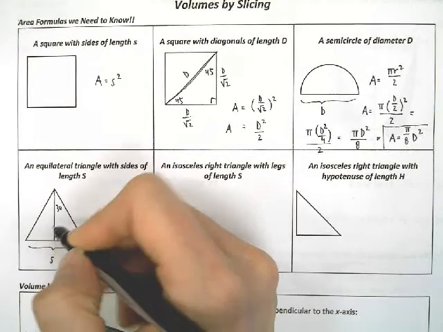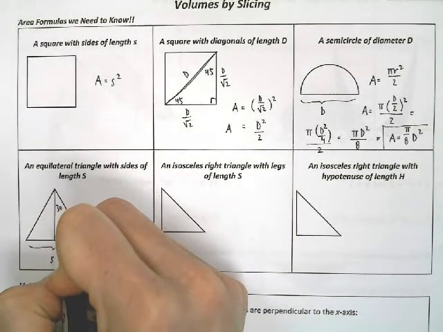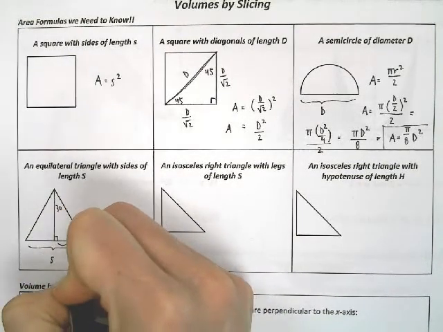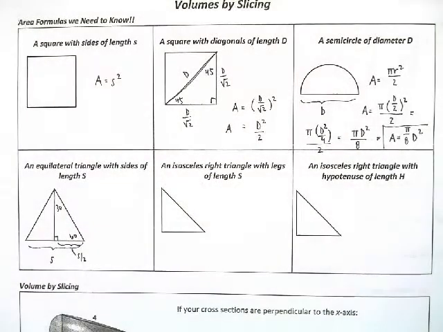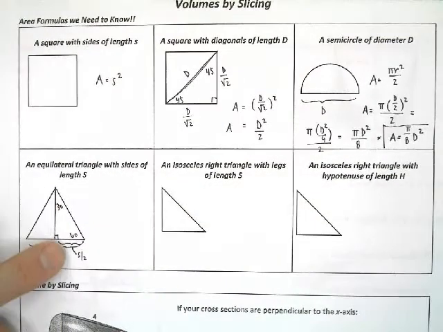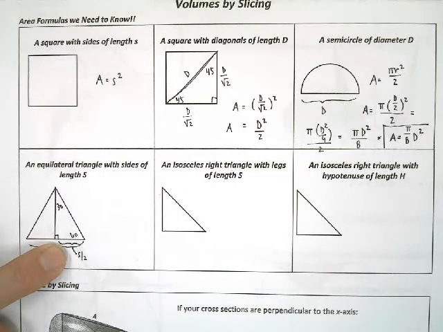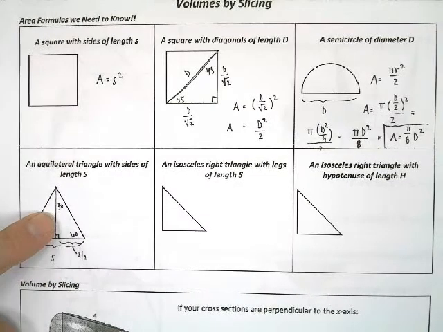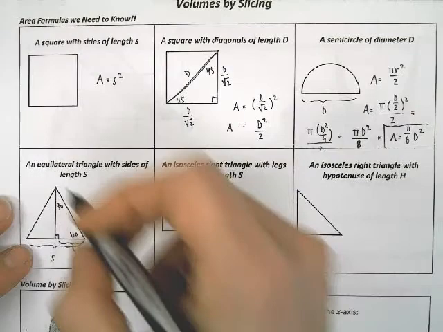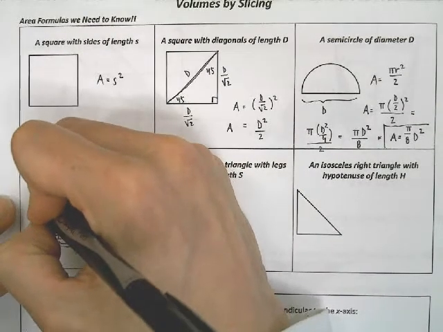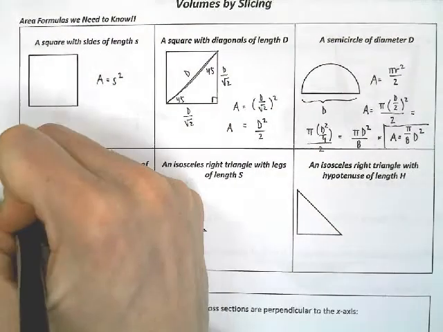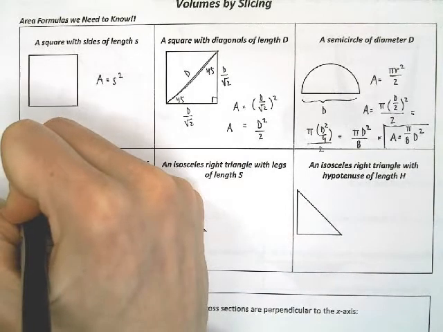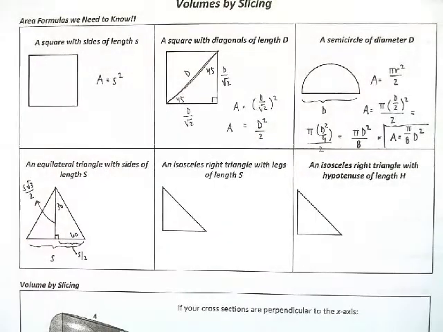Now, when I dropped that altitude, that made this side length here s over 2. So s over 2 is the side opposite the 30-degree angle. To get the side opposite the 60, I multiply by root 3. So that tells me that my height here is s root 3 over 2.